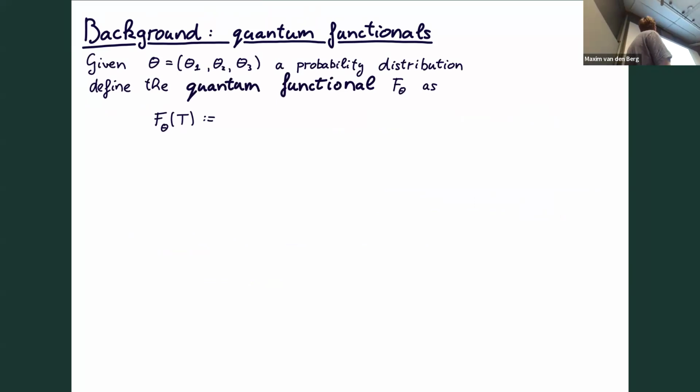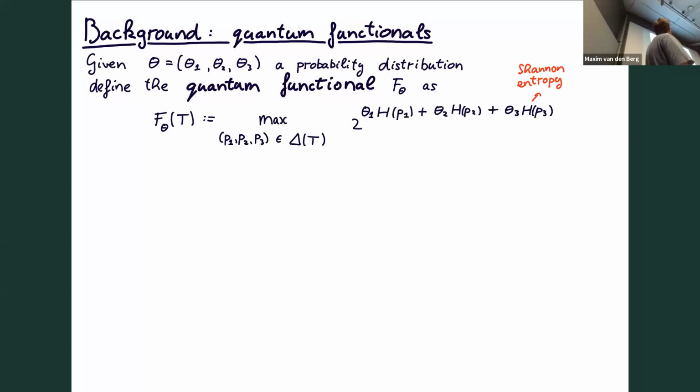First I want to take a probability distribution on three things, theta 1, theta 2, theta 3. Then for each of these thetas, I define a different quantum functional F theta. What I do is take the points of my moment polytope and evaluate their entropy.